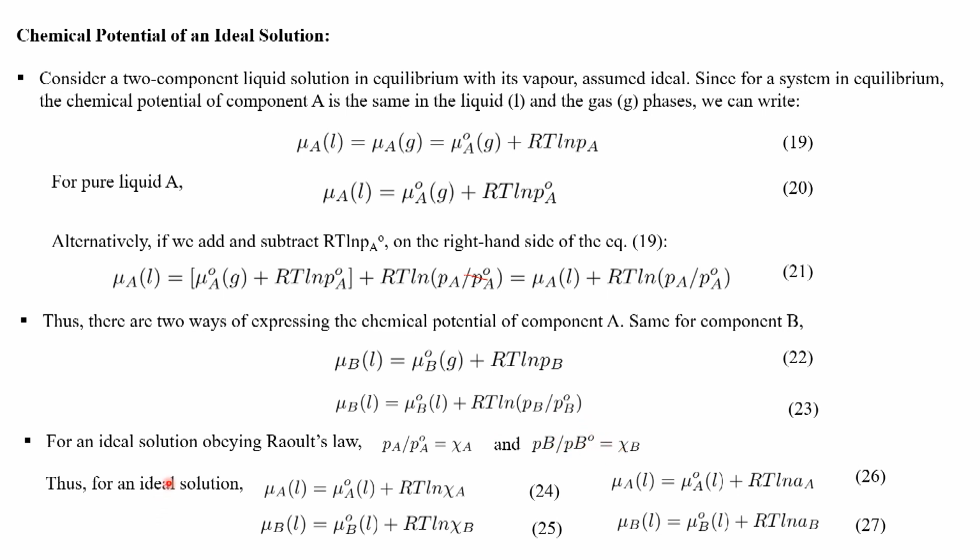Thus for an ideal solution, mu A L is your mu A naught L plus RT ln XA. Similarly, mu B L is your mu B naught L plus RT ln XB.